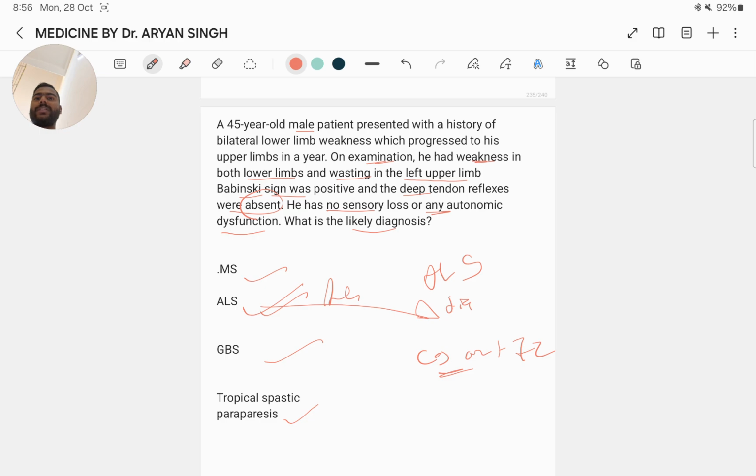At onset, ALS may involve only upper or lower motor neurons, but ultimately causes progressive loss of both categories of motor neurons. Upper motor neuron findings are spasticity, increased reflexes, flexor spasm, and pseudobulbar palsy.